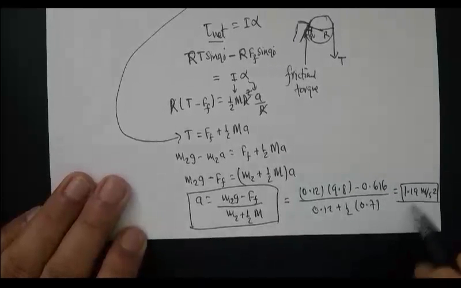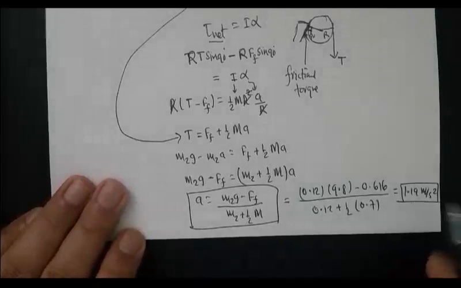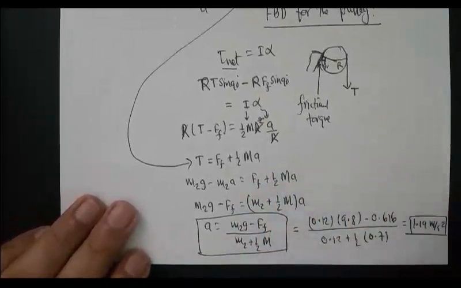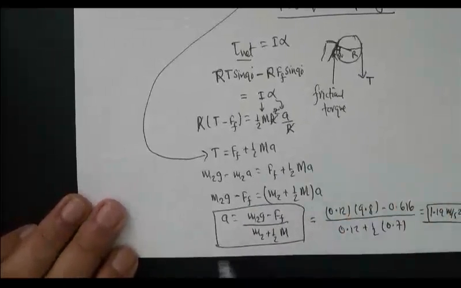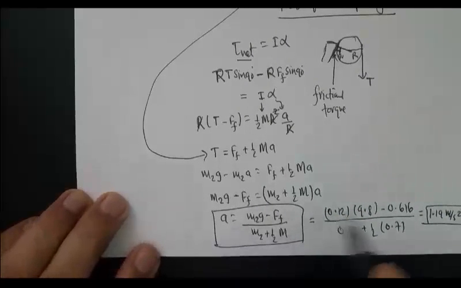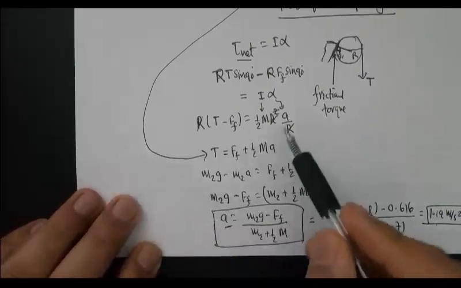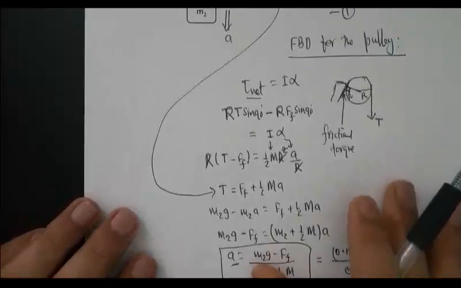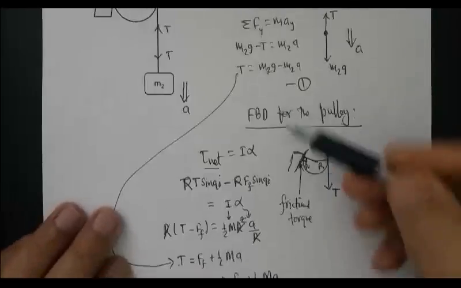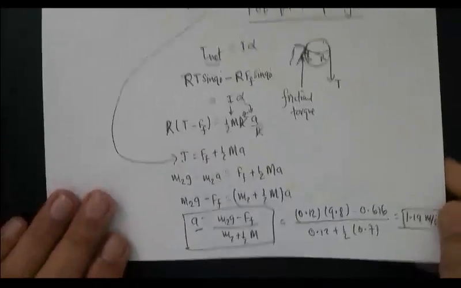It's much less than free fall, 9.8, right? And it makes sense because there's a brake as well. Then you can do the same thing: put the value of a into one of these equations, either here or equation number 1, to find the tension. Okay, so that's how you find it.